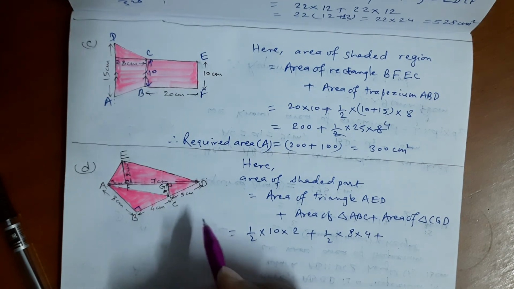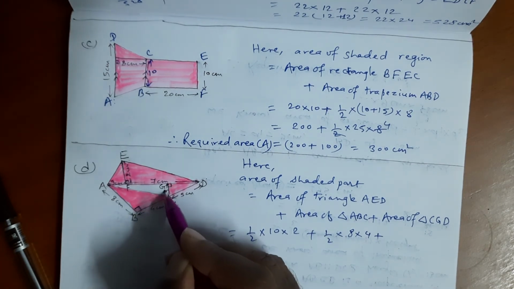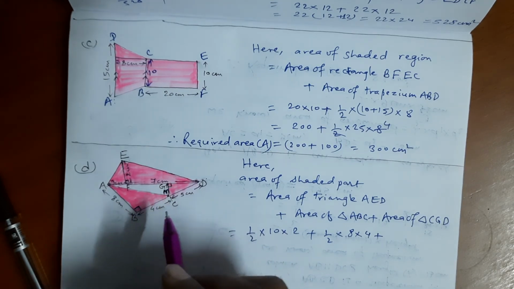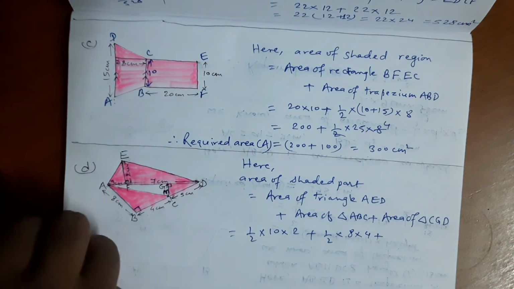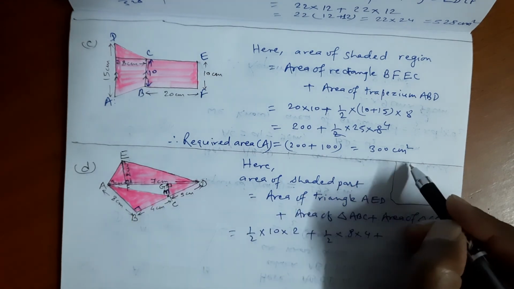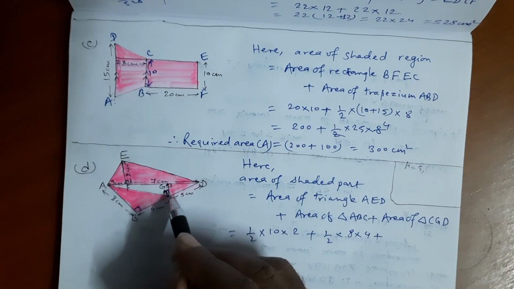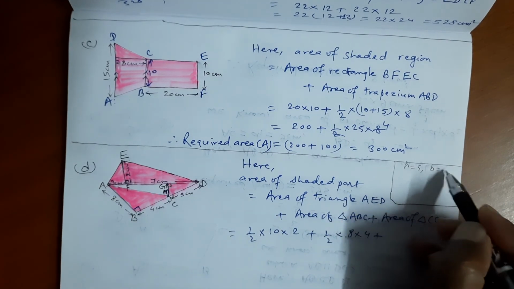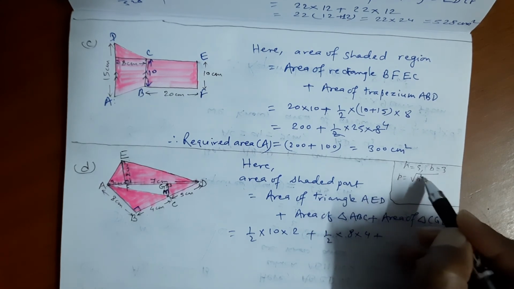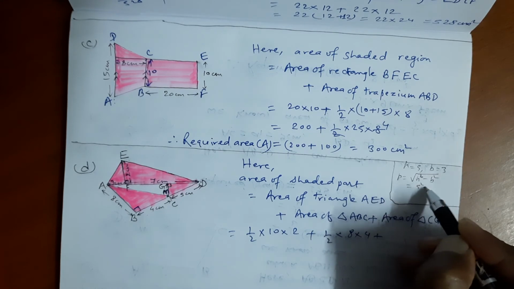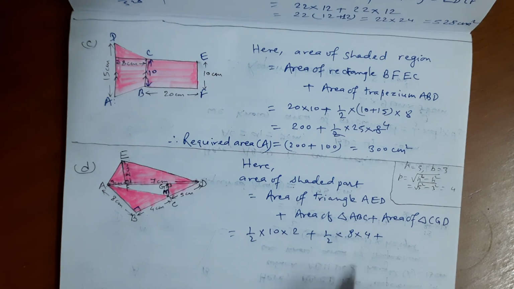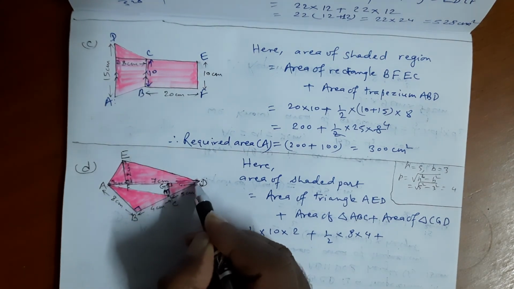Here in CGD this CG is given as 3, and we use the Pythagoras theorem. Let's find it separately on the side. Opposite the right angle is the hypotenuse H, which is 5, and this CG is 3. Now the formula is P equals H square minus B square, that is 5 square minus 3 square, which gives 4. So this GD will be 4.